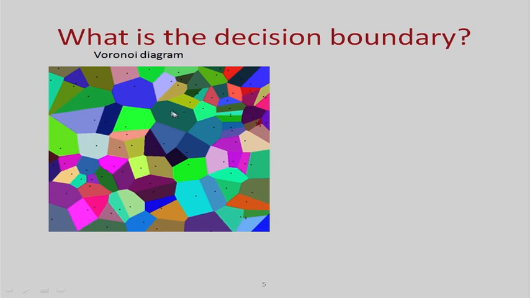Like this you can draw the Voronoi diagram, and for all points in this region, this is the nearest point. So, this captures the decision boundary of one nearest neighbor.